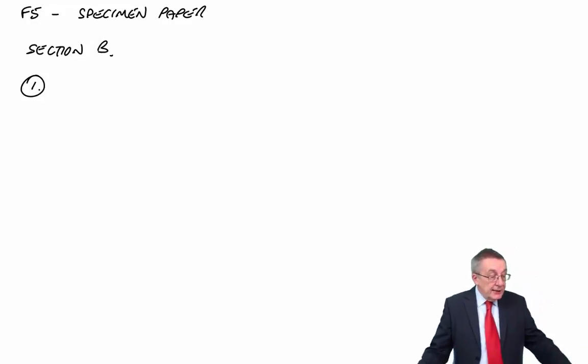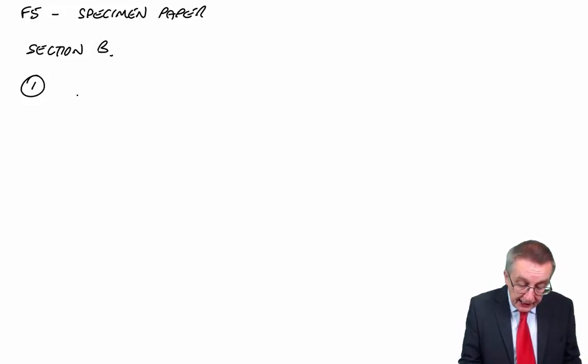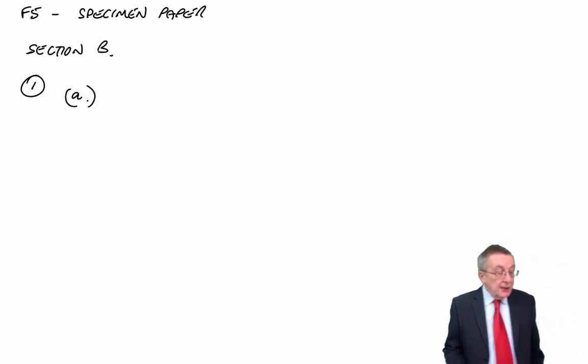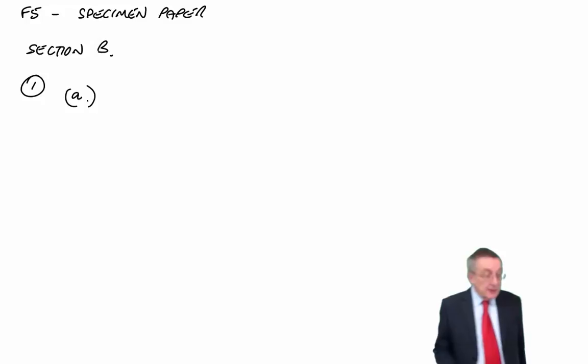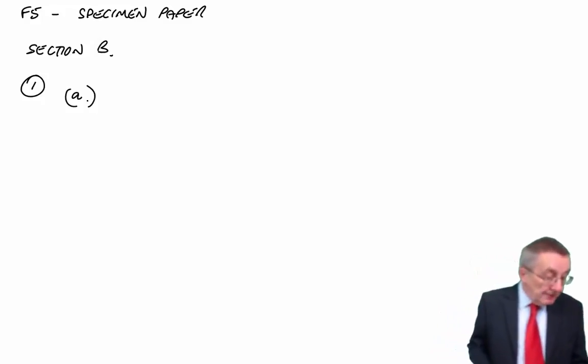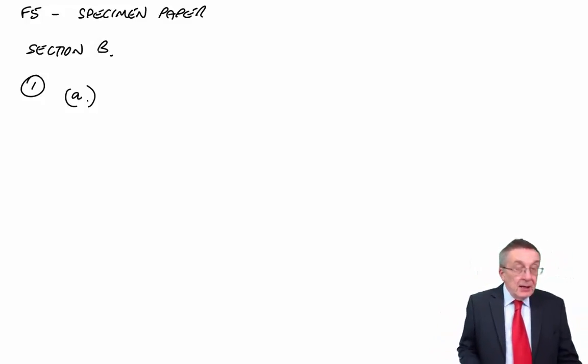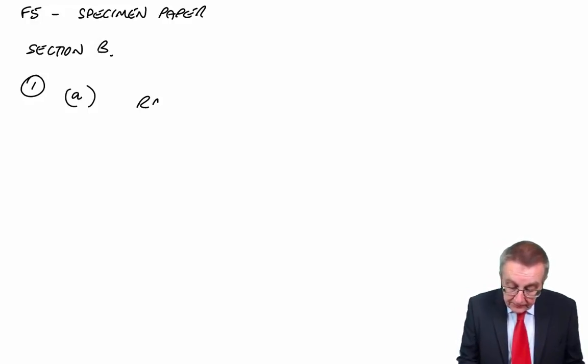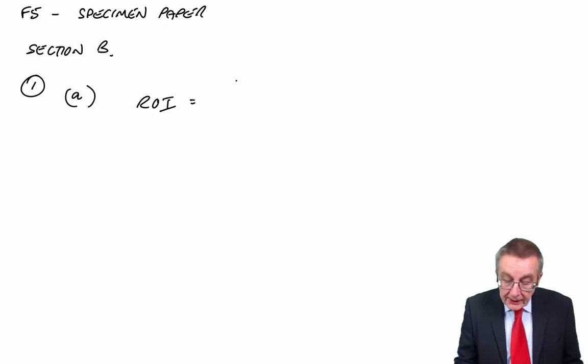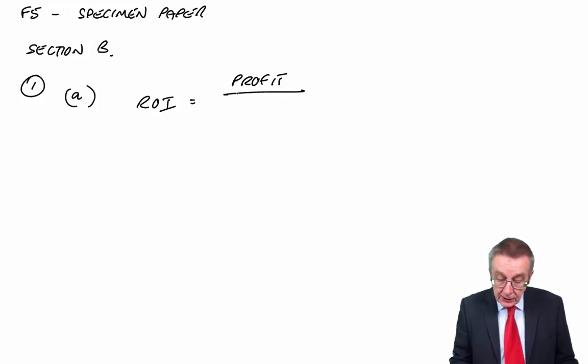Well, let's get straight on with, first of all, A, calculate the return on investment for each of the 2 divisions. So the return on investment, it's the profit per year as a percentage of the capital investment.